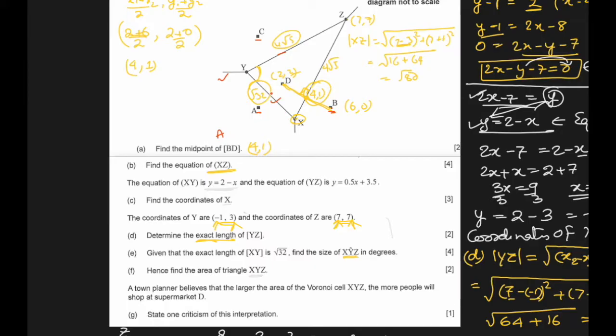But they are already existing supermarkets, they can't be moved. That means the area of XYZ cannot be increased practically. That can be the one criticism for this.